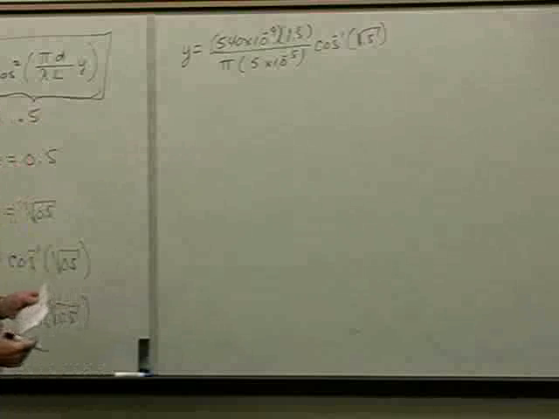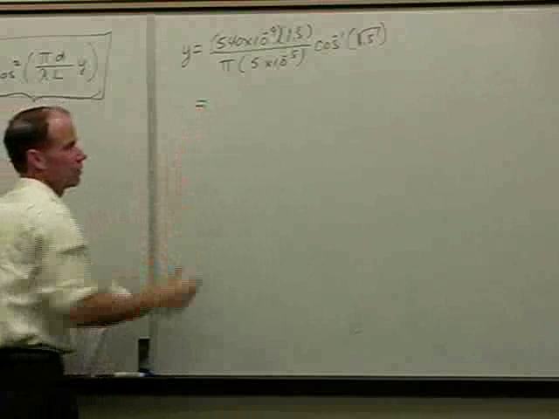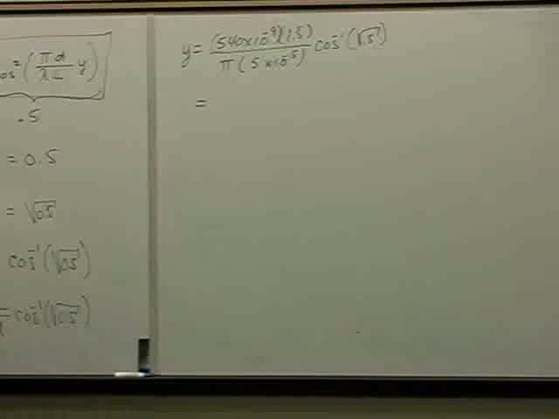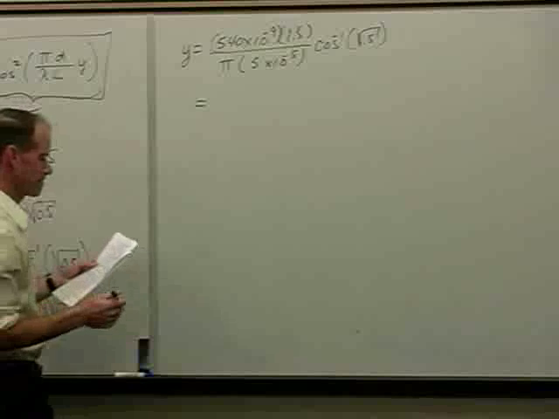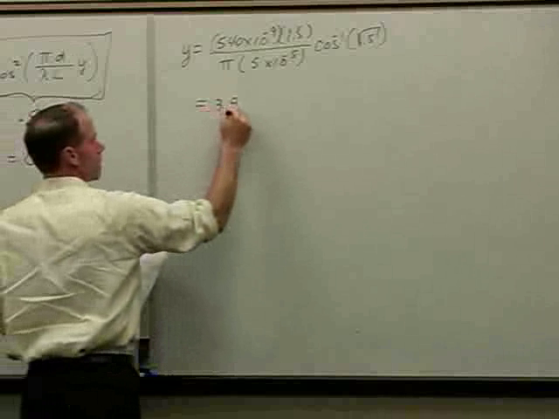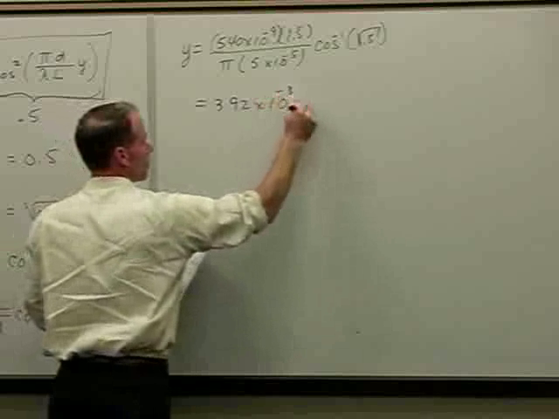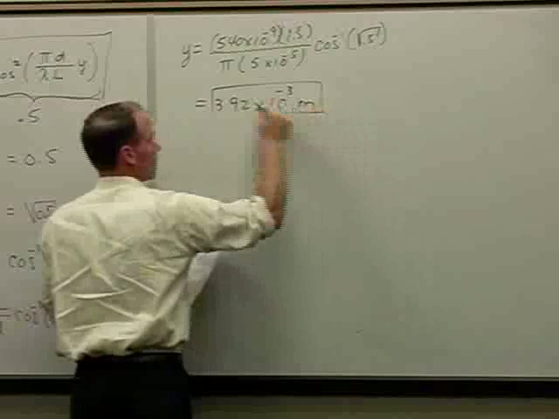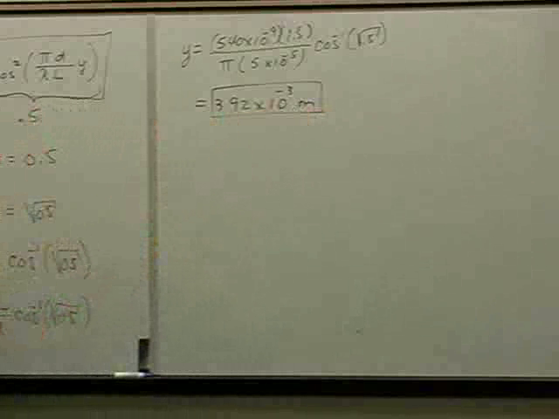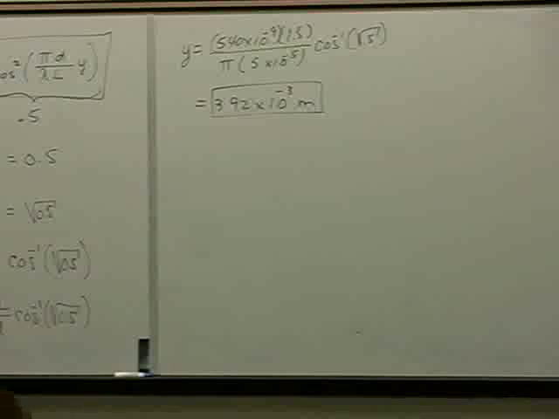When we take the inverse cosine of the square root of 0.5, we want to make sure the calculator is in radians mode. You do all that and should get about 3.92 millimeters as the distance away from the central maximum where the intensity would be 50%.